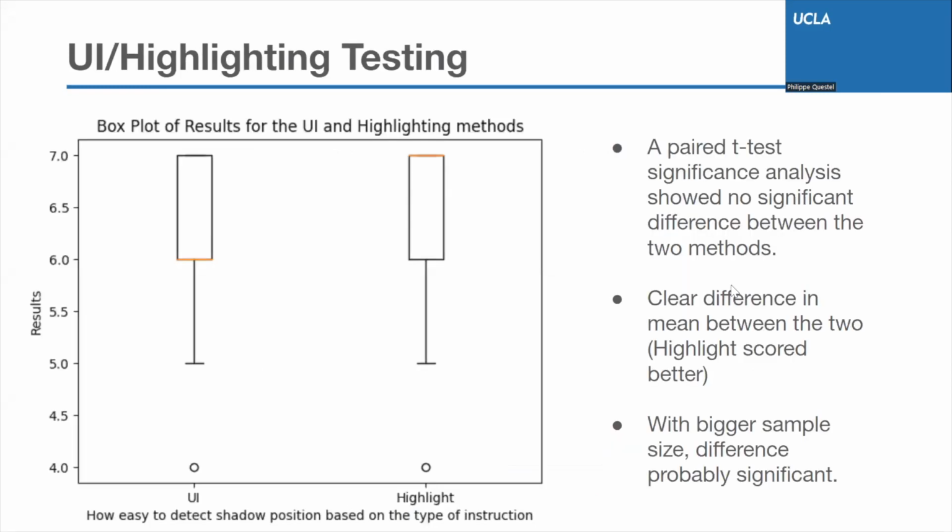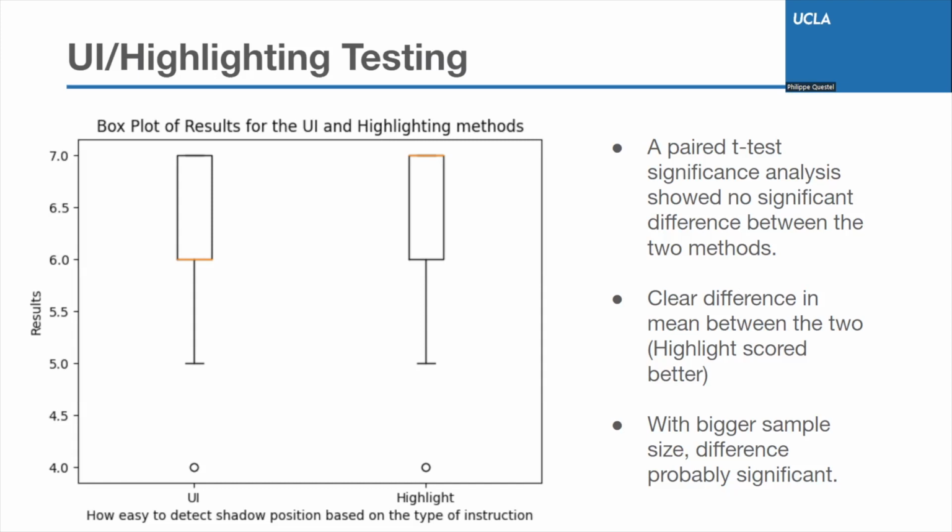One of the main goals of our study was also comparing the UI and the highlighting methods as a means of guiding the user to the next step. We conducted a paired t-test significance analysis, and it showed no significant difference between the two methods. However, we must consider the size of our study, with only 13 cases, which is not enough to give us a potential difference between the two, especially because the two methods scored quite high.